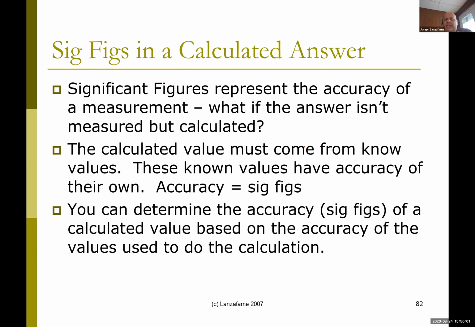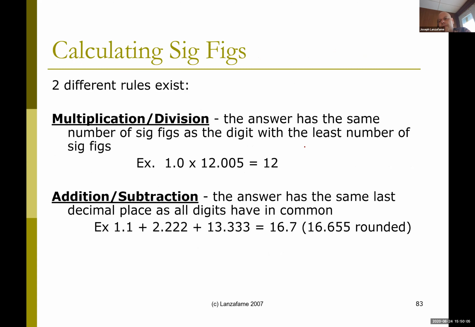If I'm talking about sig figs in a calculation, there's actually 3 rules. One applies to logarithms, so we won't talk about it now because we don't need any logarithms for a little while. But there's 2 main rules. There's one for multiplication and division, and there's one for addition and subtraction.